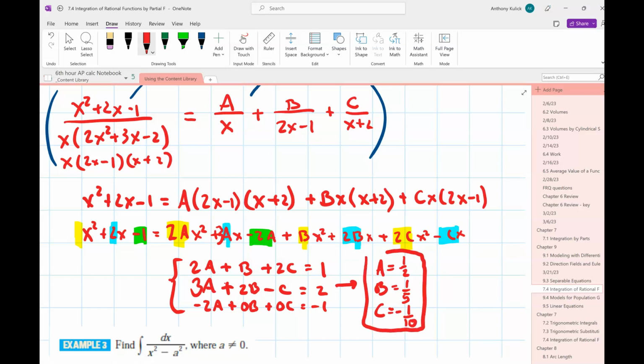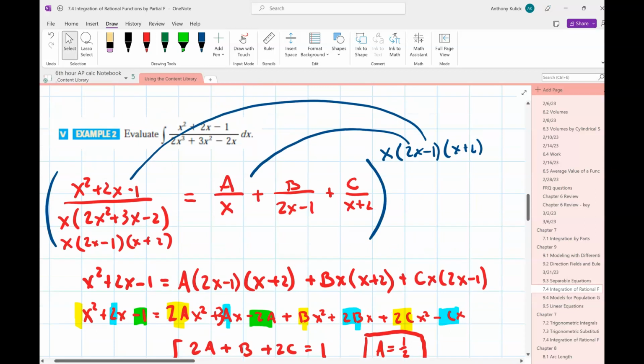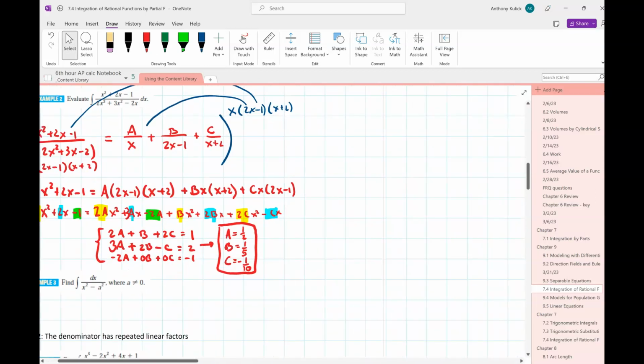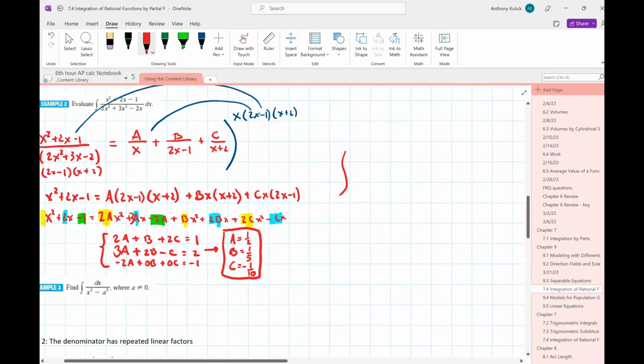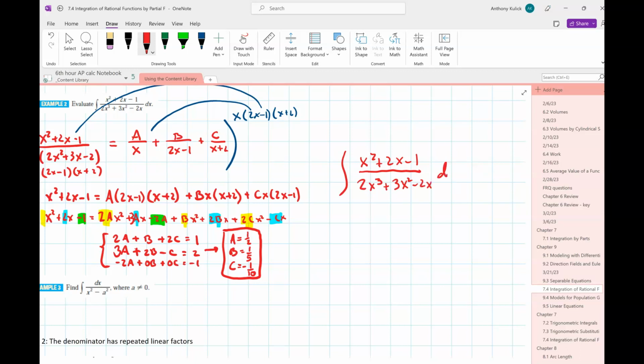Okay. So, what does that give us now? That's going to allow us to do this integral.